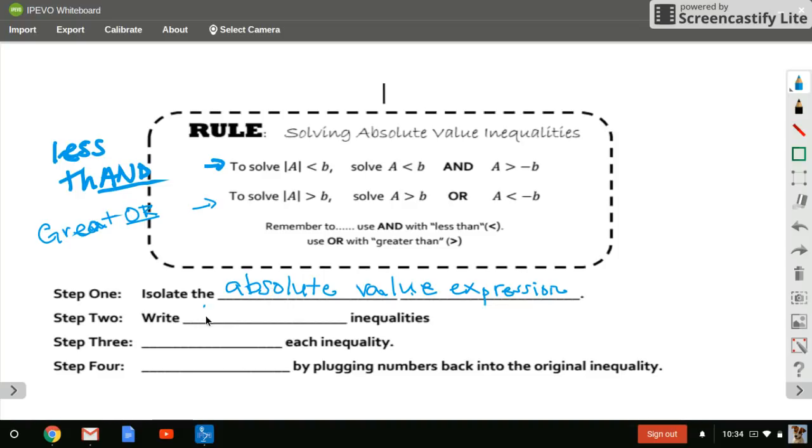Then we're going to write two inequalities. Remember, less than and, great-or.